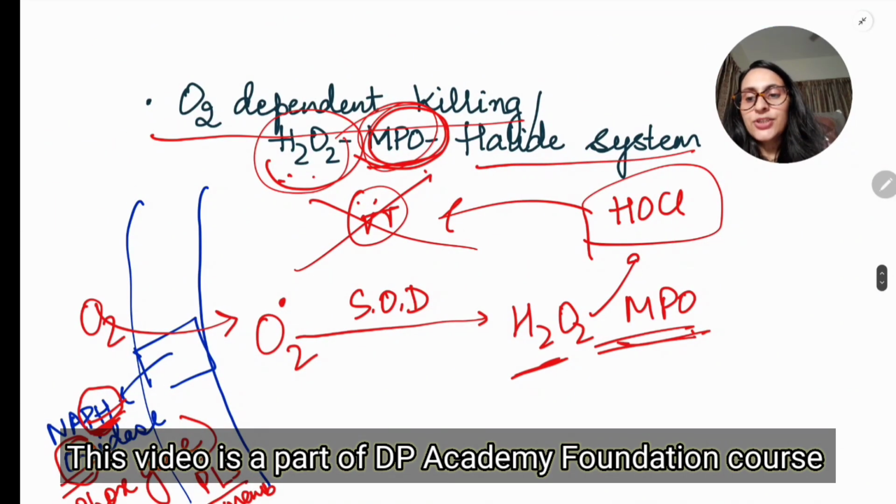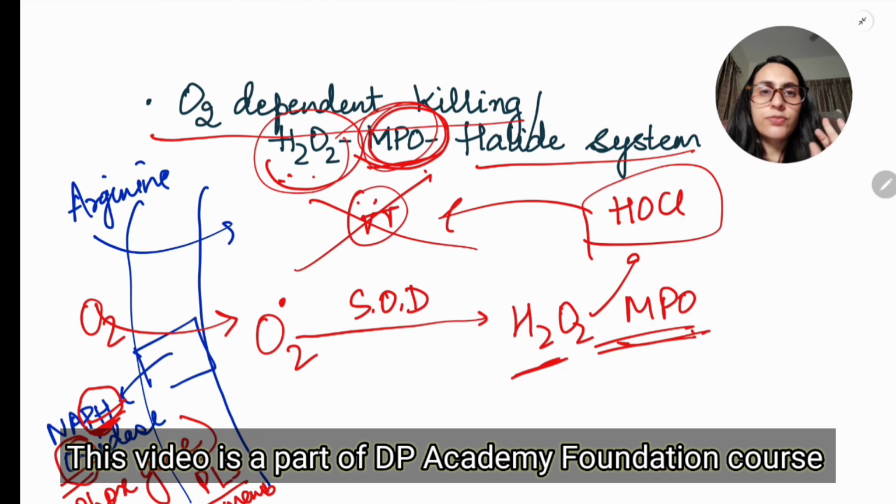Another path is mediated by arginine. The most common one we have already discussed, that is the hydrogen peroxide H2O2 MPO halide system. Another oxygen dependent killing can occur via another path, that is mediated by arginine, and with the help of nitric oxide synthase, it forms nitric oxide.